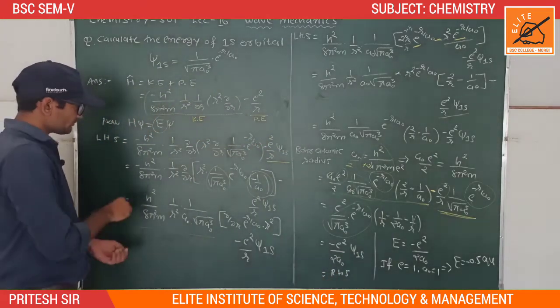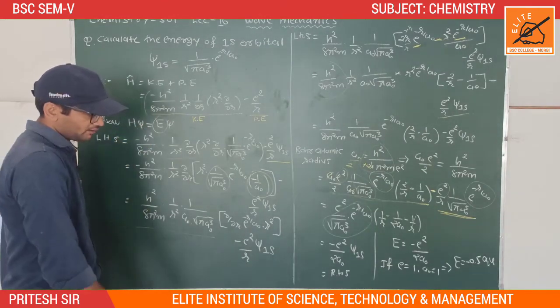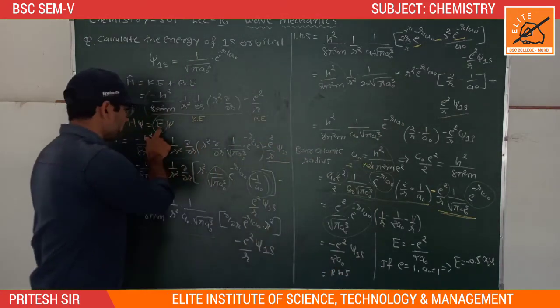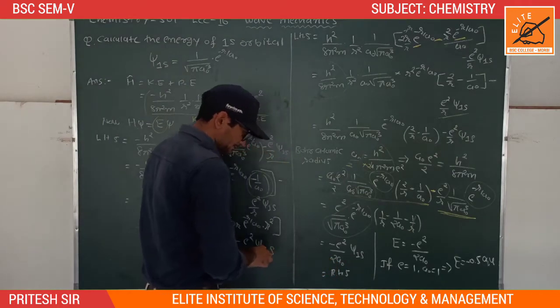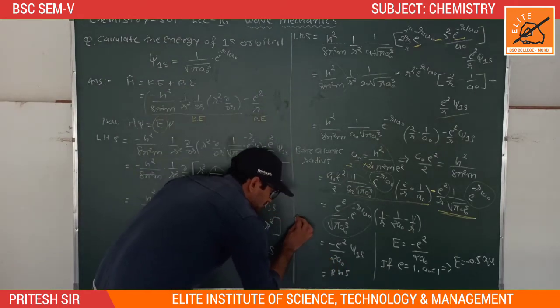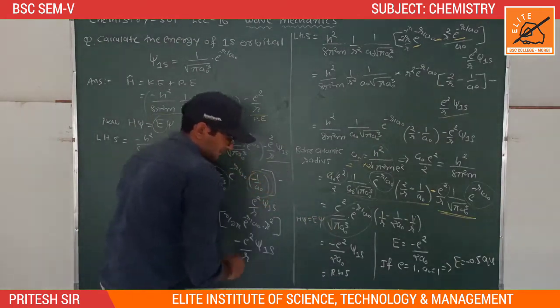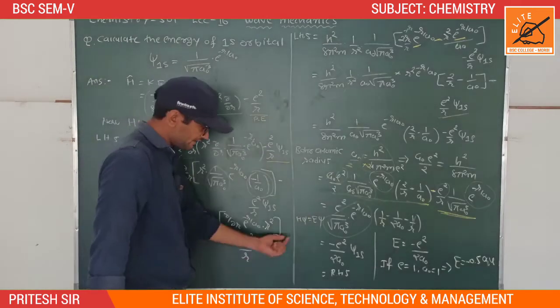First we apply the Hamiltonian operator on the function, and finally we get the same function. So H psi is equal to E psi.